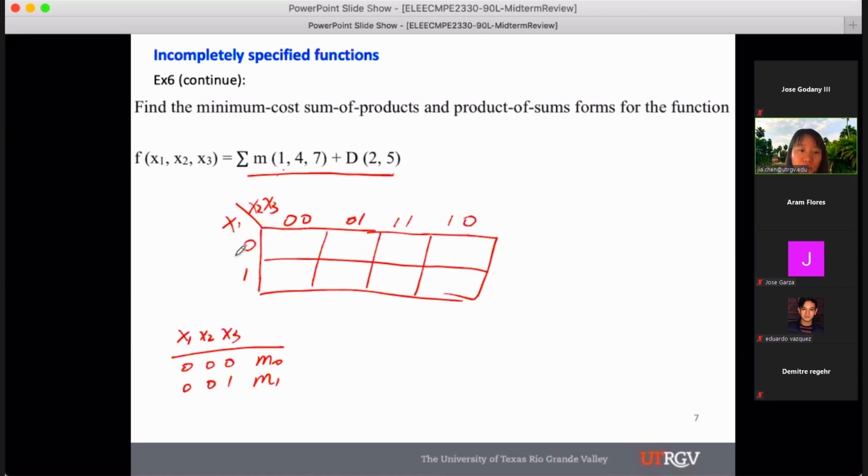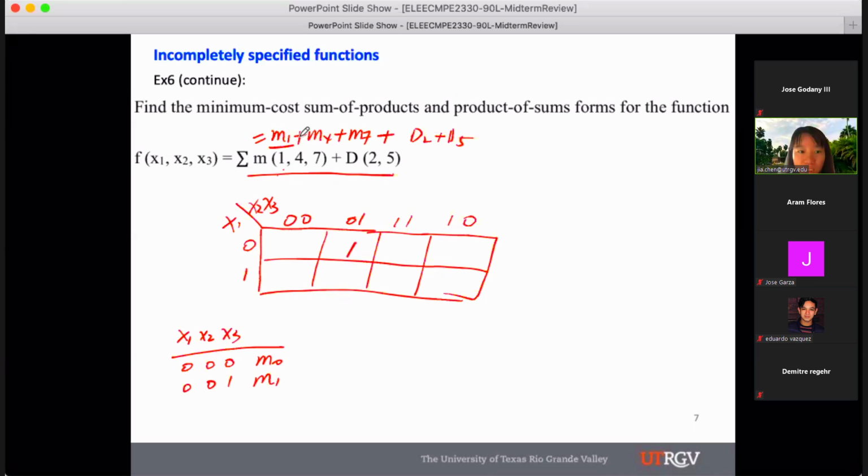The first part means M1 plus M4 plus M7, right? Then plus D2 plus D5, don't care. The locations are 2 and 5. So M1 is 0, 0, 1, which is here, so I put a 1 here.